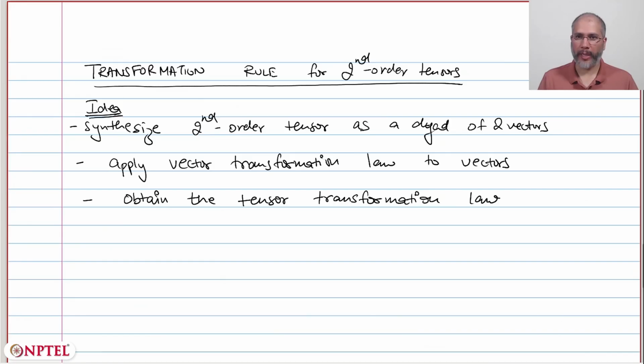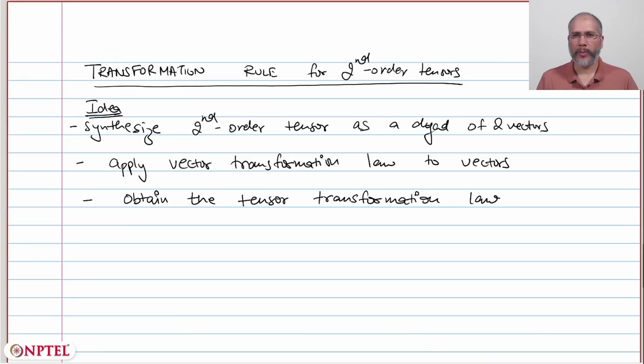We would want to utilize that to get a transformation rule for second order tensors. Now we know that the dyad of two vectors is a second order tensor. So we will form a dyad. We will then apply the vector transformation rule to the vectors in the dyad, and this will help us obtain the tensor transformation rule.